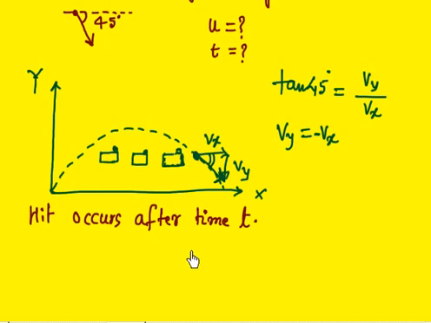So now I can calculate the velocity Vx after time t. This remains the same because horizontal velocity remains the same. Initially the horizontal velocity is u, and since this has been thrown at angle theta, it is u cos theta, and this remains the same. What is the vertical velocity?